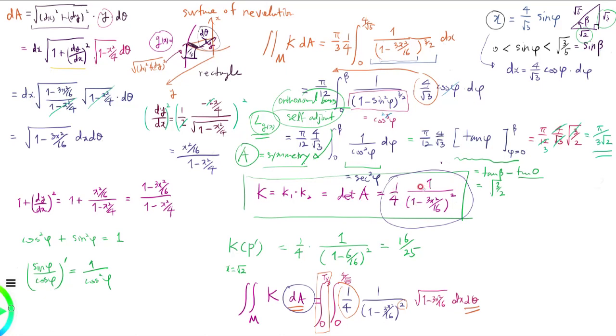And in this case, the calculation of the determinant, which is a product of two principal curvatures, has a geometric meaning: the maximum and minimum values of normal curvature.